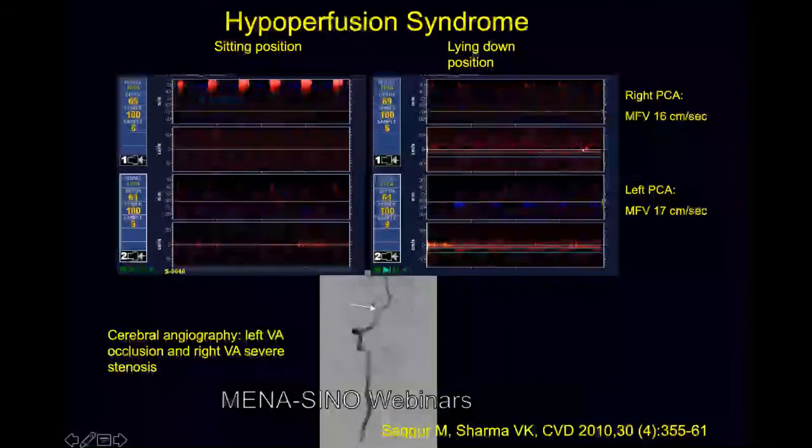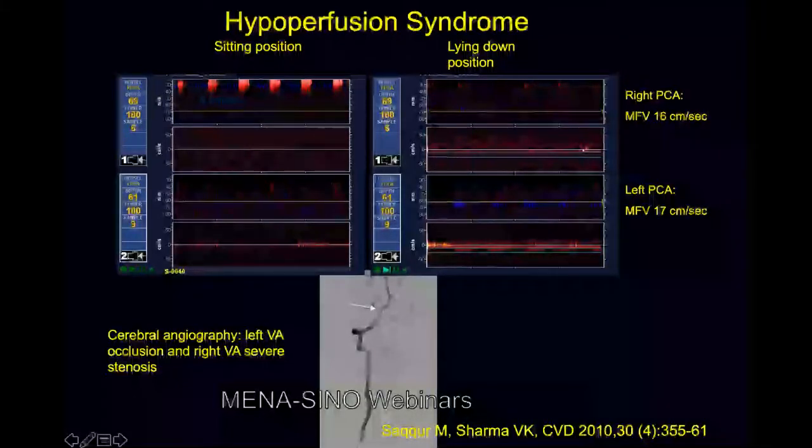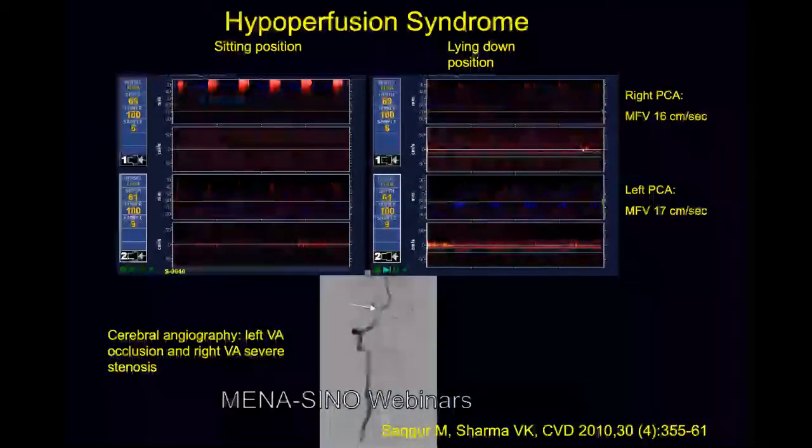He keeps having brainstem symptoms of ataxia, double vision, dysarthria, on changing position from lying to sitting up. So we monitored the bilateral posterior circulation, the right BCA and the left BCA, in the lying down position. Then we sat him up, and we demonstrated through the temporal window that the flow very much disappeared moving him from lying to sitting. So this is a typical hypoperfusion syndrome due to severe intracranial atherosclerotic disease.